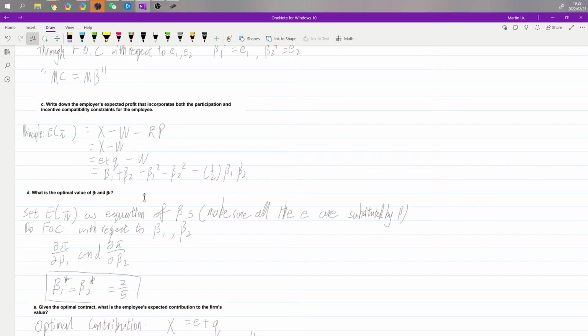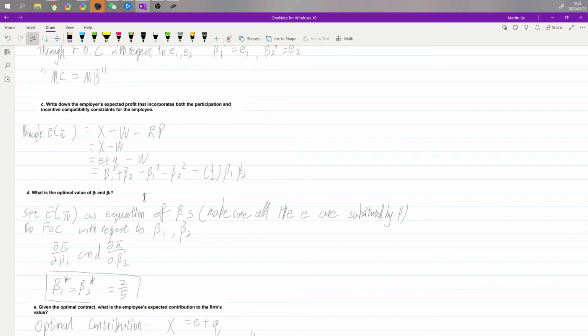In the next part, figure out the principal's expected profit and substitute in how the agent will put in his efforts.